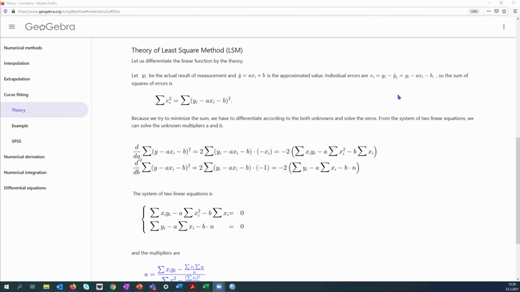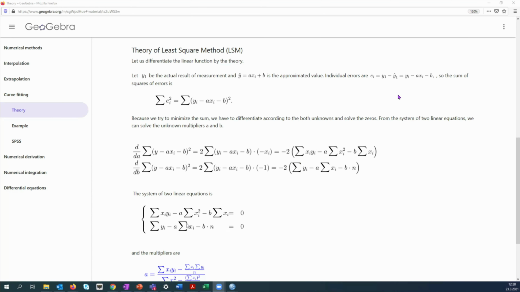So we are differentiating this one for multiplier A, and we are differentiating this one for multiplier B, and try to find the zero of those derivatives, because at that point this is minimized. This is also minimized.